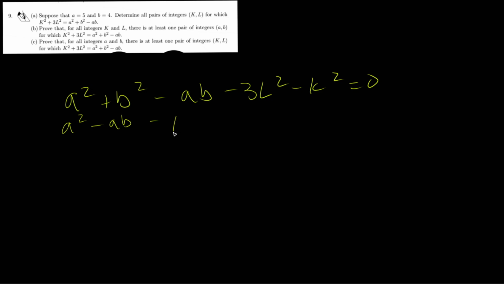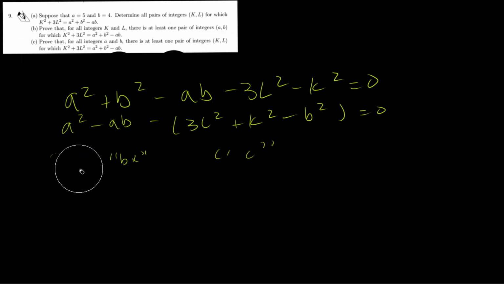Minus 3L squared plus k squared minus b squared, like so. And then in our quadratic formula, this would equal our a squared, this would be our bx, and this would be our c. And we just want to substitute it into the quadratic formula, and then hopefully something magical happens, right?